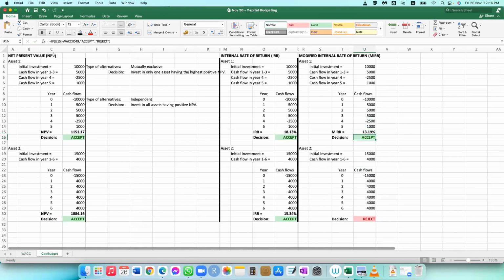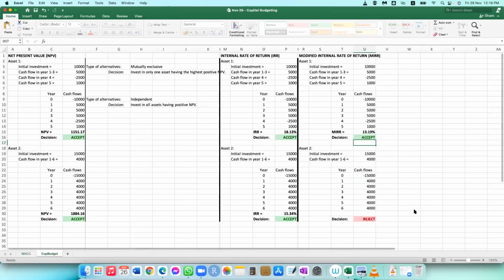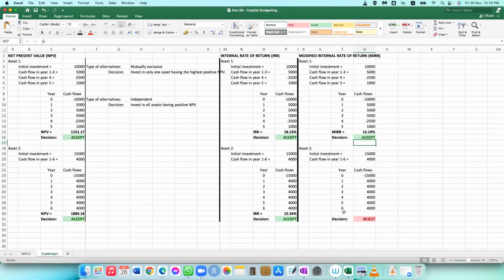And now again, correct this one. Here it will be U15, this one, that is okay. It should be greater than the weighted average cost of capital to accept the project. Okay. Let me delete also. So MIRR, doing it again, equals MIRR.